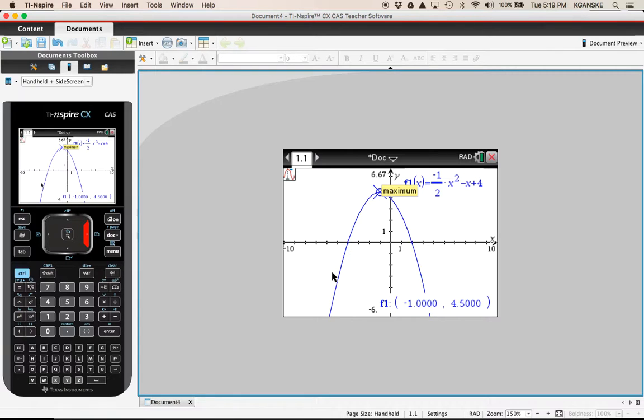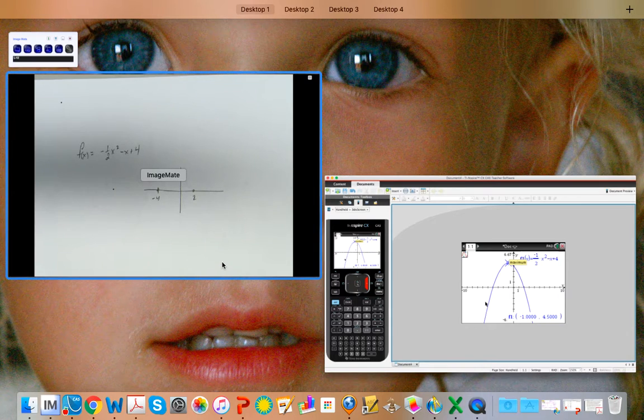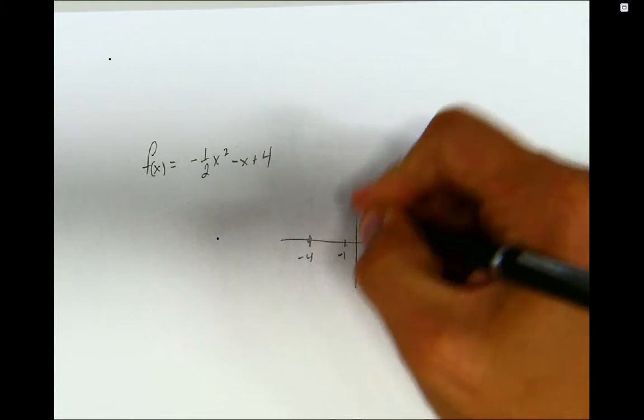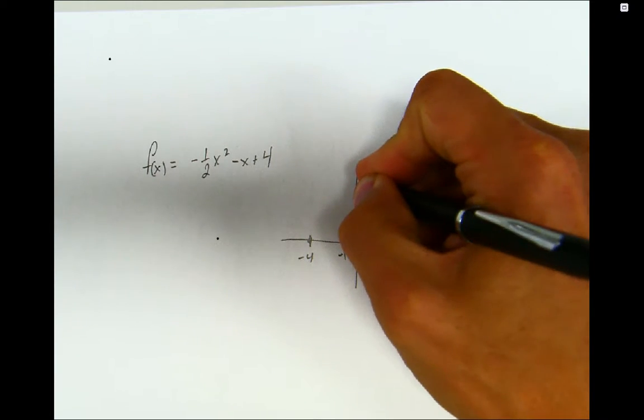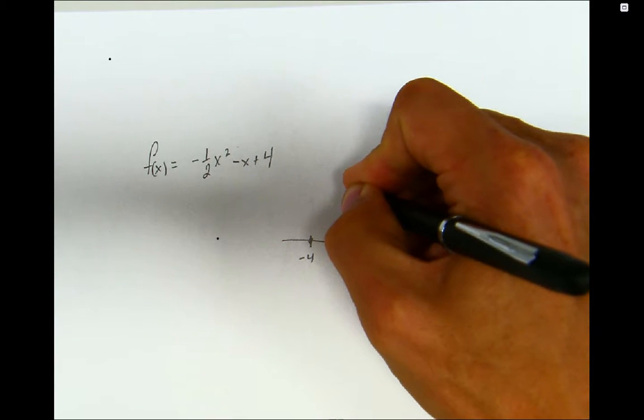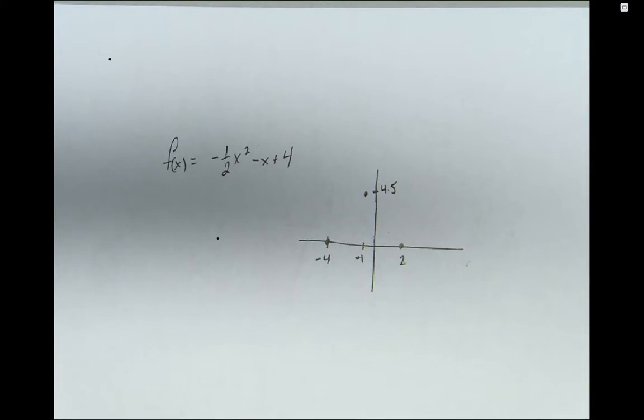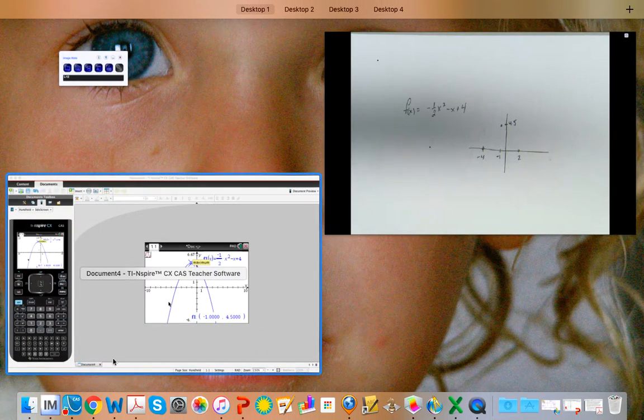All right, so -1 and 4.5 is what we found before also. So here's -1, and up here someplace is 4.5. There's our vertex.